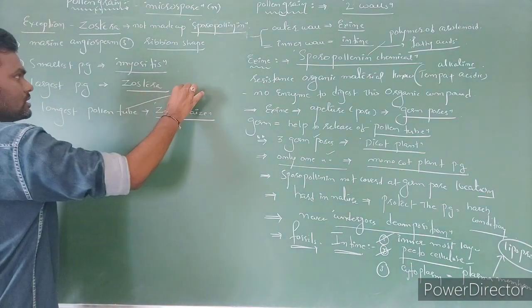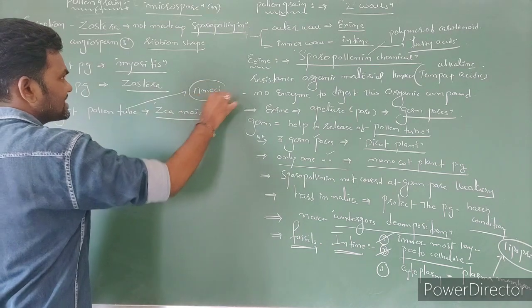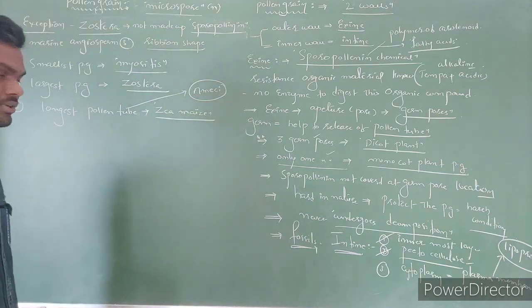The pollen tube was first discovered by Amici. Amici is a scientist's name.